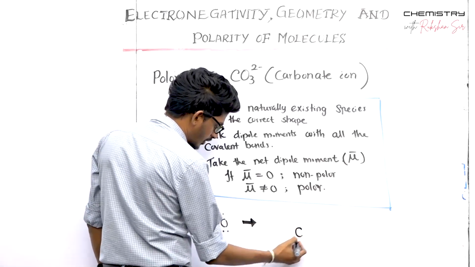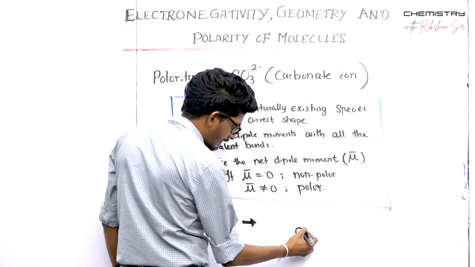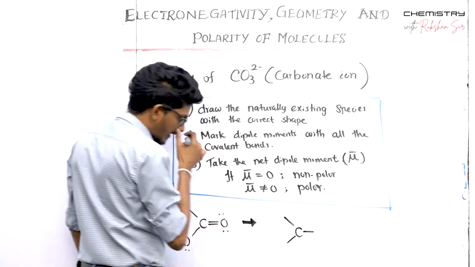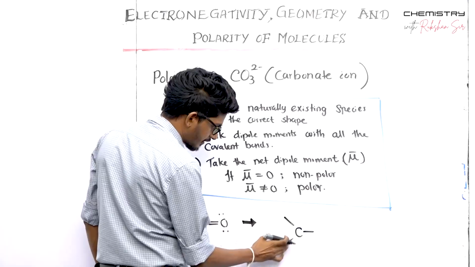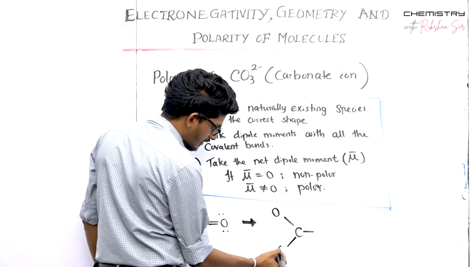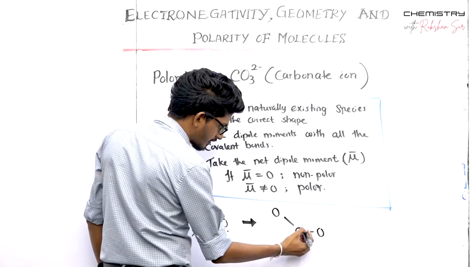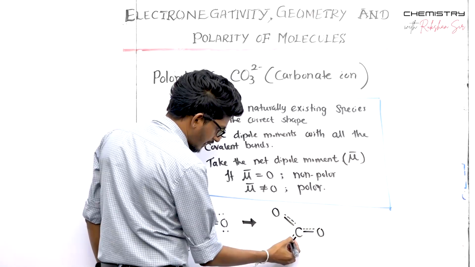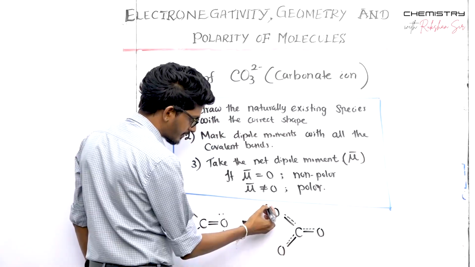So the properties of the naturally existing form will be given by a resonance hybrid. The existing carbonate looks like this.